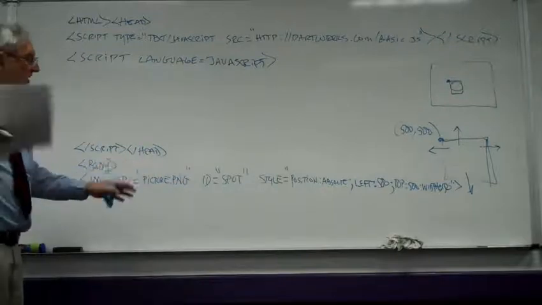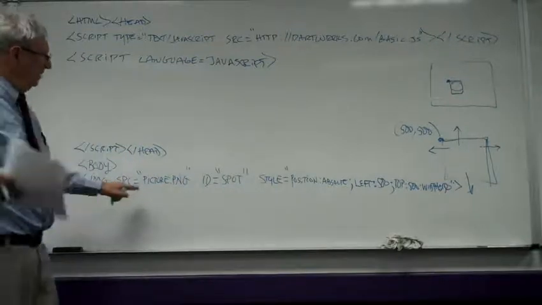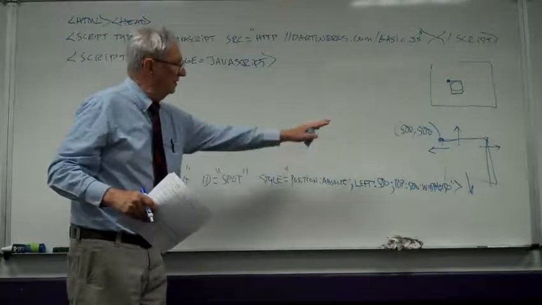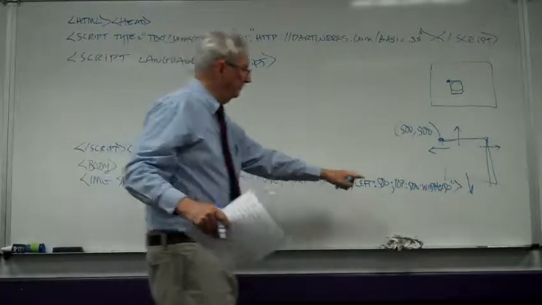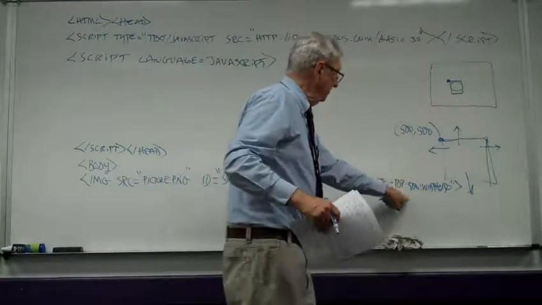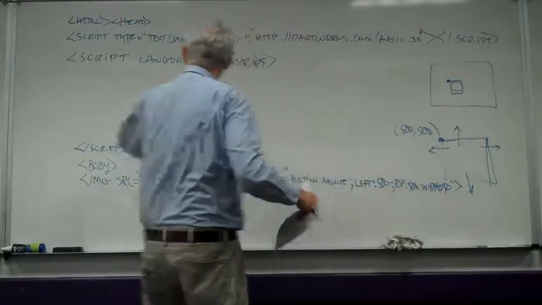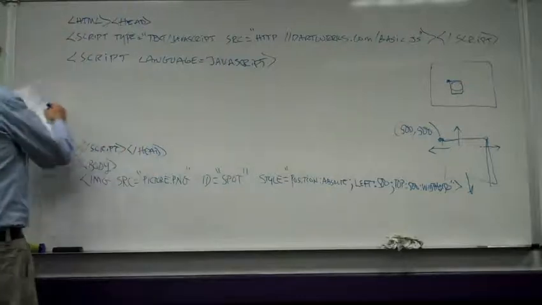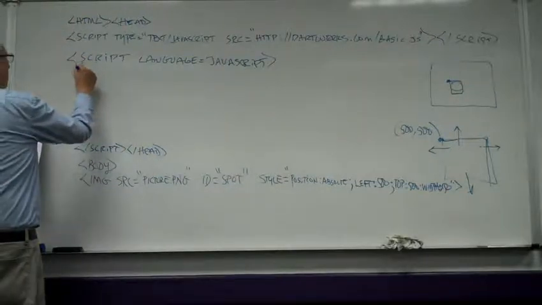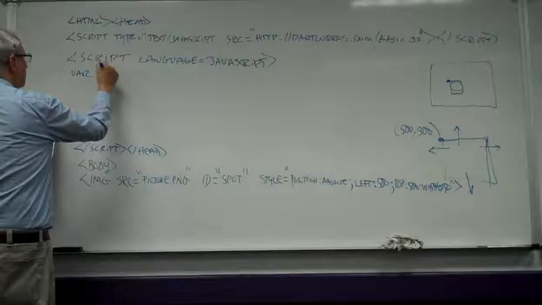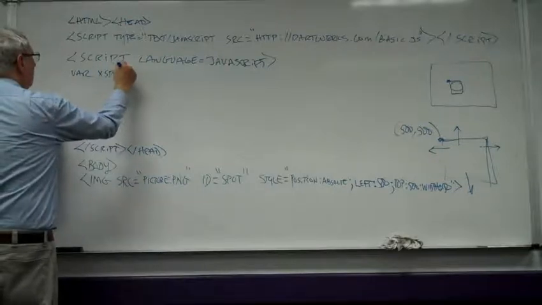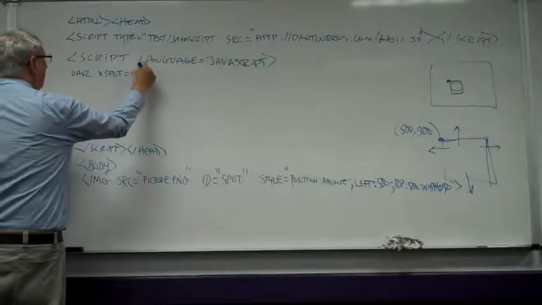So here's what happens. To make a long story short, this thing right here will create the information we need, but I am going to make two variables for left and top up here. Right up here, I'm going to say variable x spot equals 500.